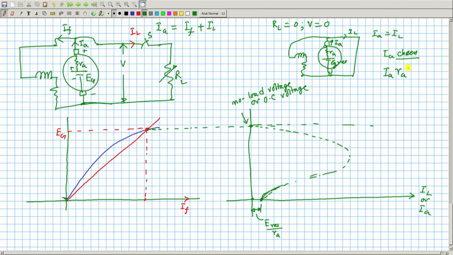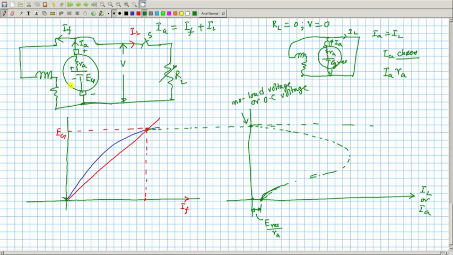Then what I will do, and what is the IA RA drop? See, this is the field resistance line. Okay? This is the voltage across the field at any time. So, V plus IA RA is your EG. Getting me?